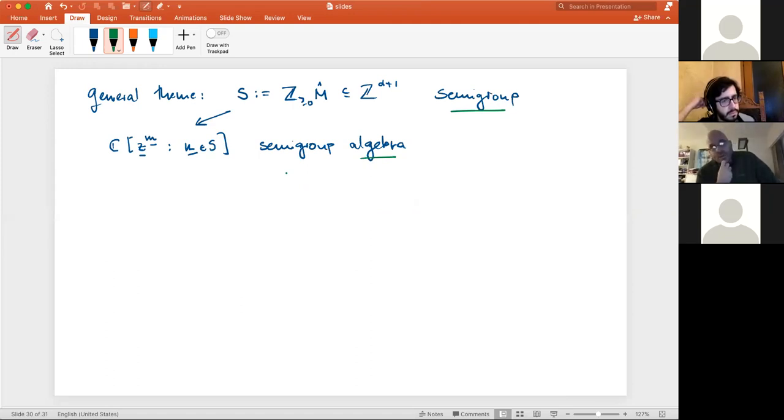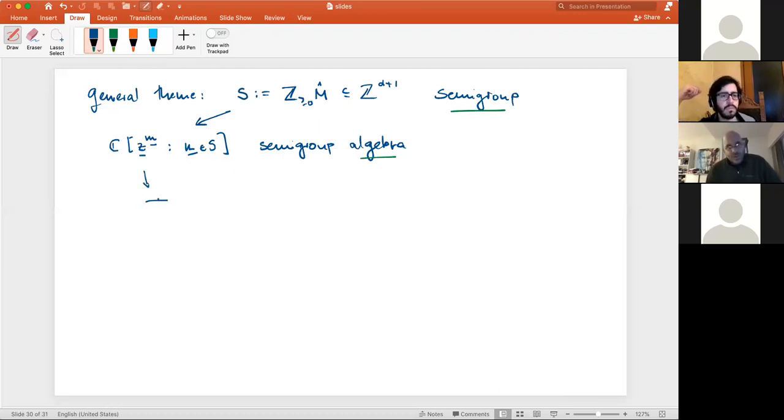But I can now multiply, and this comes from the semigroup, because if you take two monomials, z to the m1 times z to the m2, you're adding the exponents. Because your exponents come from a semigroup, that is another possible exponent vector. And so this is closed under monomial multiplication, and therefore also under Laurent polynomial multiplication.